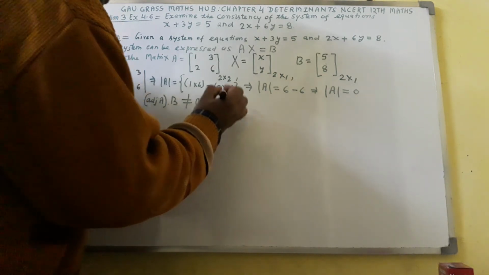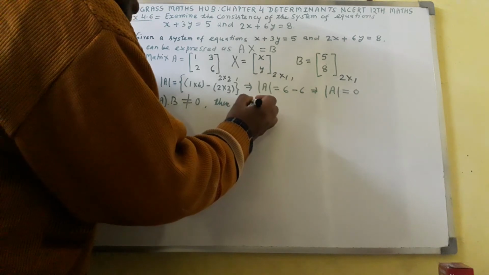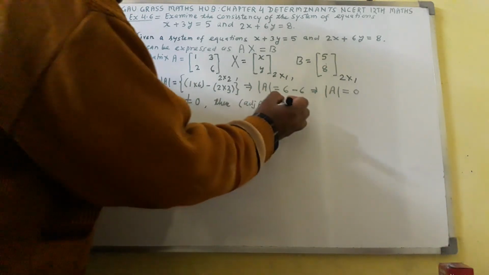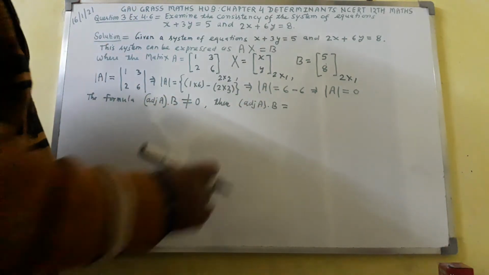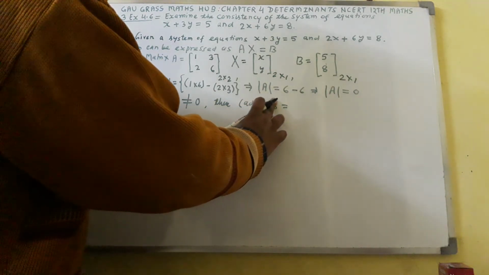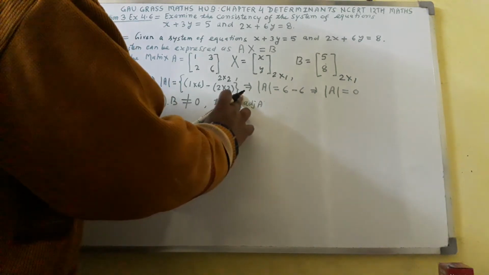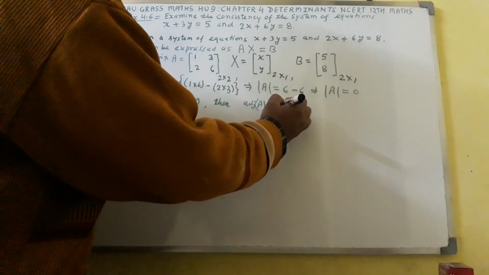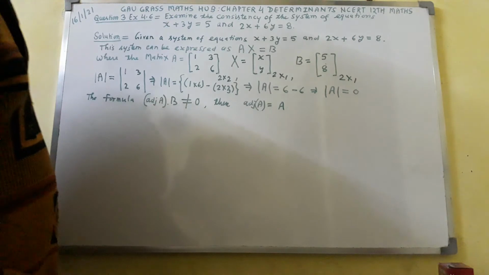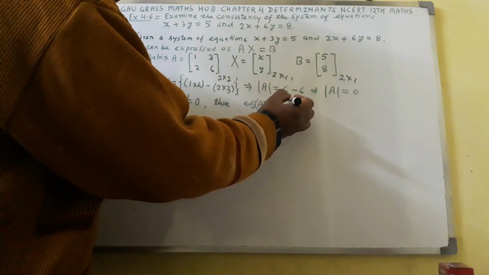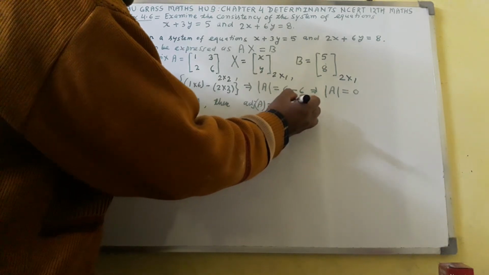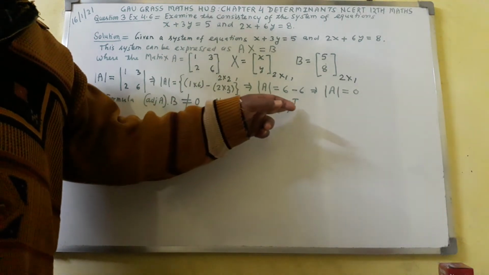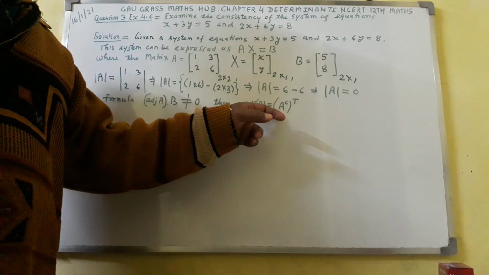Then adjoint of matrix A multiplied to matrix B equal to adjoint of matrix A. First of all, find out adjoint of matrix A. So adjoint of matrix A will be equal to transpose of cofactor matrix A. So here I shall write this notion: adjoint of matrix A equal to transpose of cofactor matrix of matrix A.